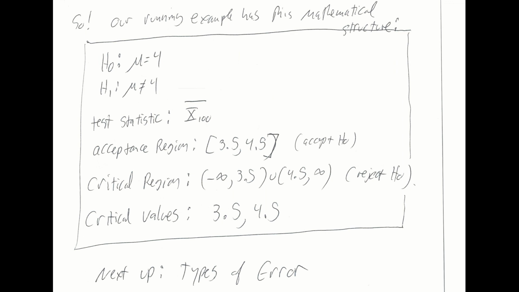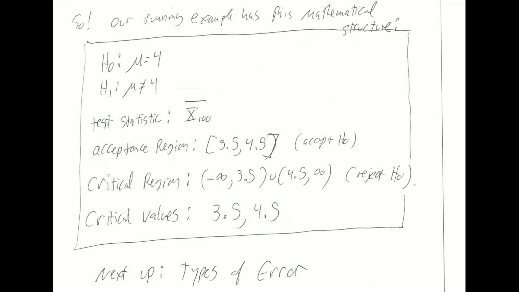So finally, in this running example that we have been discussing, we have a null hypothesis that mu, the population mean, is 4. We have a two-sided alternative hypothesis that mu is not equal to 4. We have a test statistic that we're actually going to compute based on a sample, and for us here it is the sample mean from a sample of size 100. We have an acceptance region, 3.5 to 4.5, such that if our test statistic falls in that acceptance region, we believe the null hypothesis.